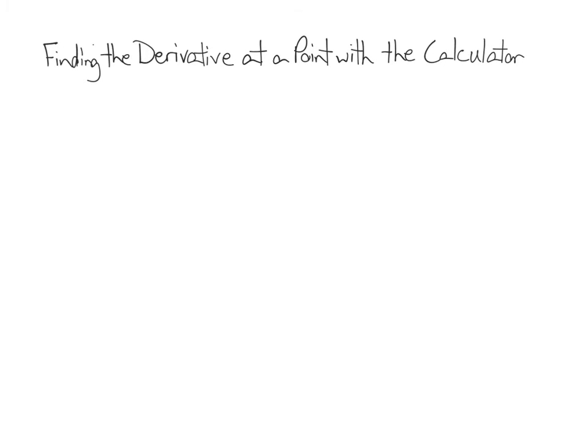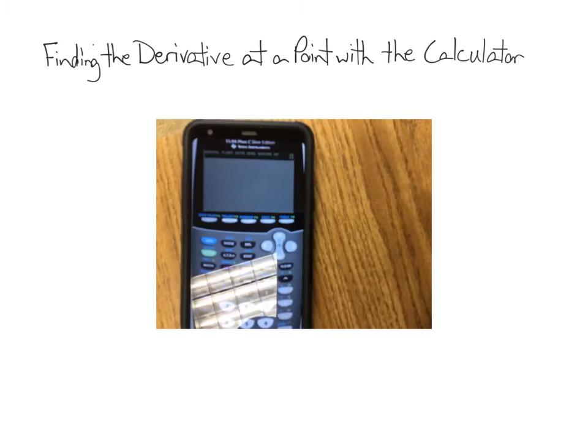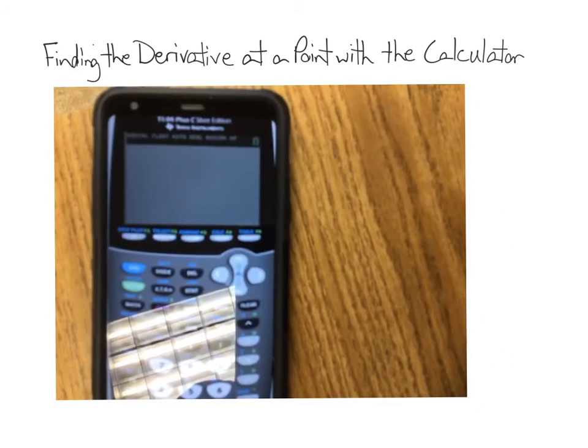Now, I'm going to show you this two different ways. One would be out in the main screen. So let me go ahead and bring this up so you guys can see it.